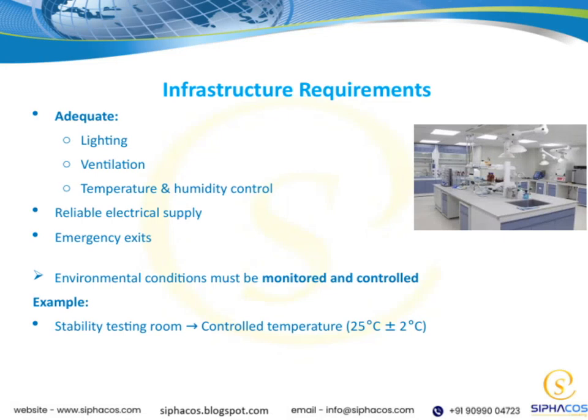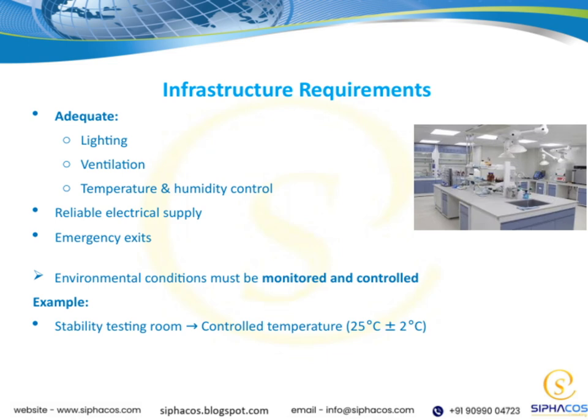Let's take a closer look at the infrastructure requirements essential for a compliant and efficient facility. First, adequate lighting is crucial, not only for safety, but also to ensure accurate work and inspections. Proper ventilation is equally important. It helps maintain a clean environment and reduces the risk of contamination.